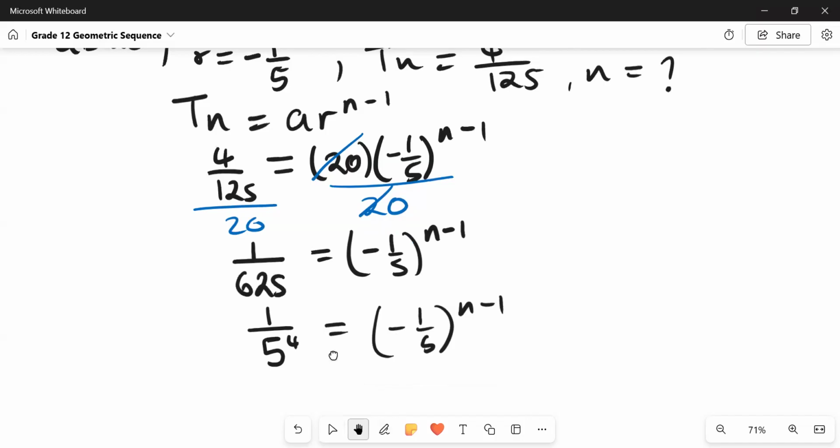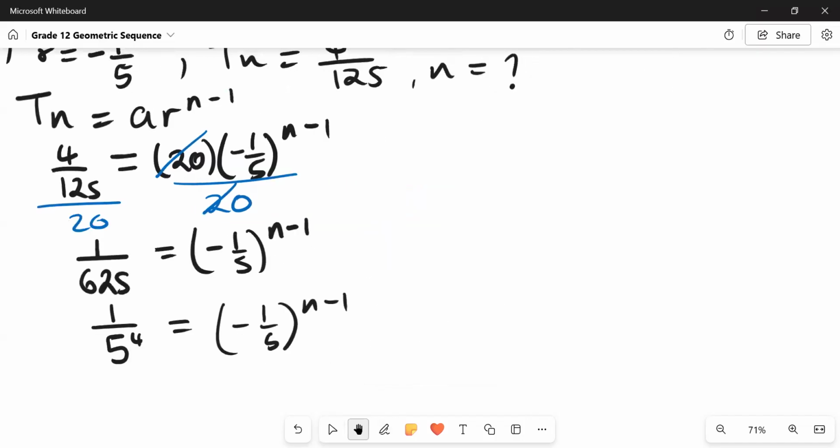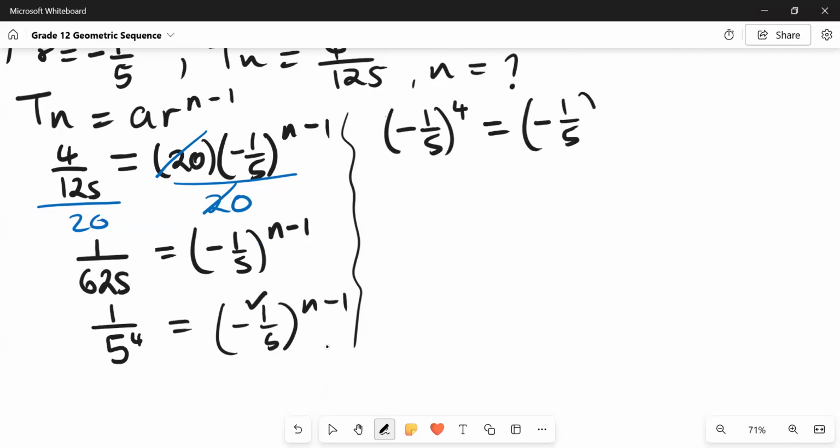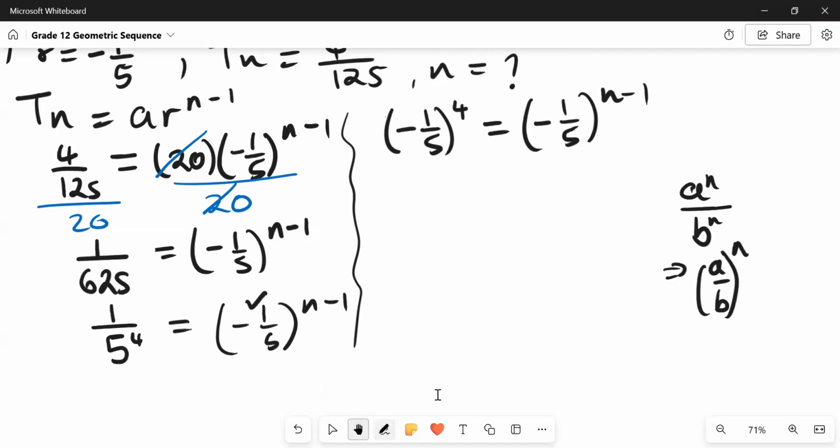And then from here, we can also express this as negative 1 over 5. Bases should be the same. So this is 1 over 5 and minus 1. We used this law: A over B to the power n can be expressed as A over B all to the power n, right? This is the law that we have used.